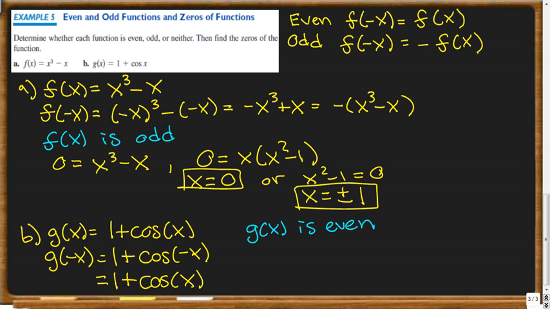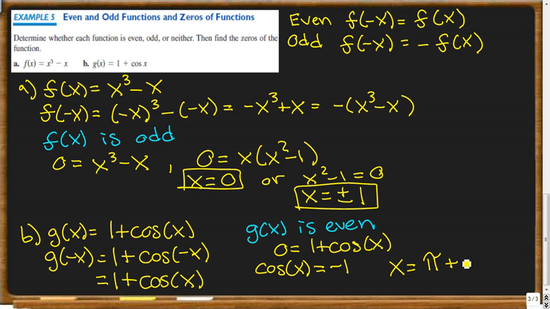And then we are going to find our zeros here. So we get 0 equals 1 plus the cosine of x, which means that the cosine of x has to equal negative 1, which if we think back to trigonometry, when does cosine of x equal negative 1? This would be pi plus 2 pi k.